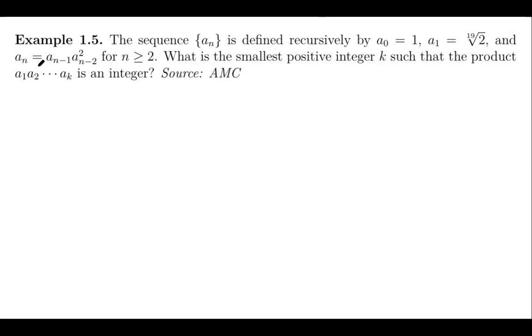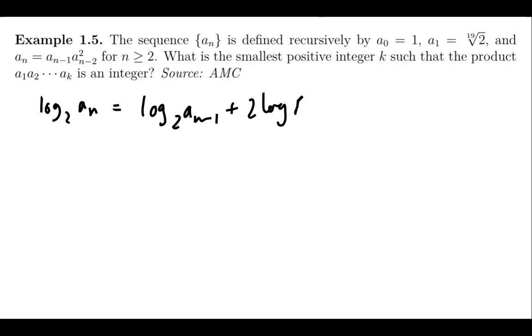Notice, if you remember from last week, if we take the logs of two things that are multiplied together, that's equivalent to adding them. So in that case, we can take log 2 an equals log 2 a(n-1) plus 2 log a(n-2).